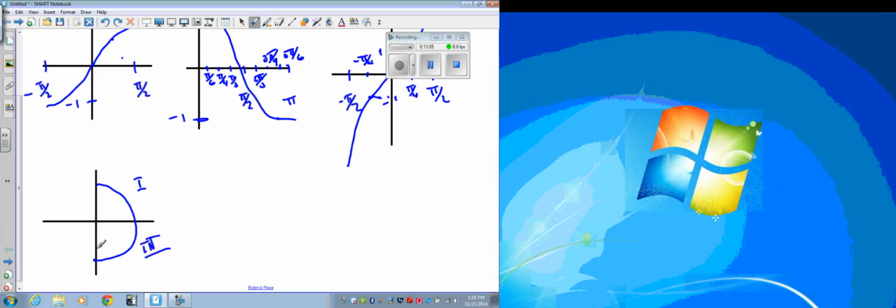Square root of 5 pi over 3. No, it's a negative. You don't go the positive, you go the negative. See, it's defined between a minus pi over 2 and a plus pi over 2.